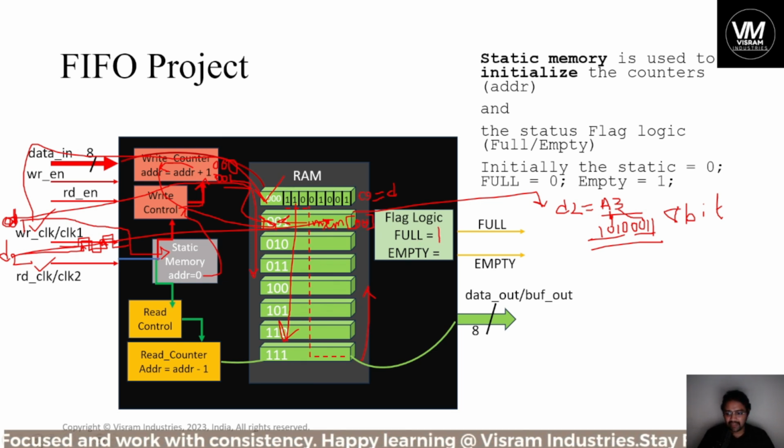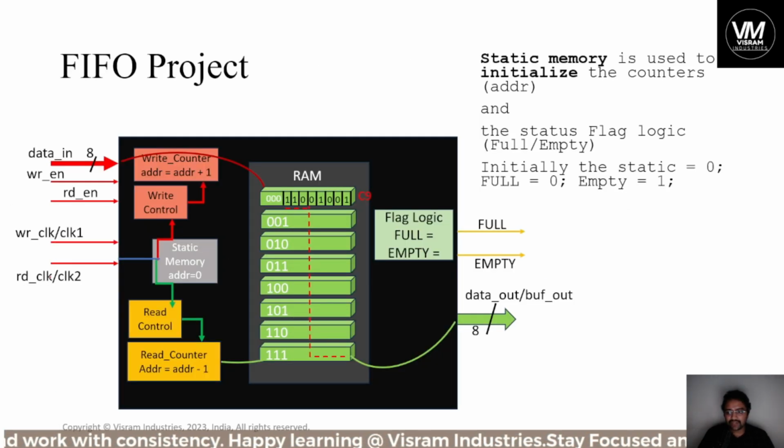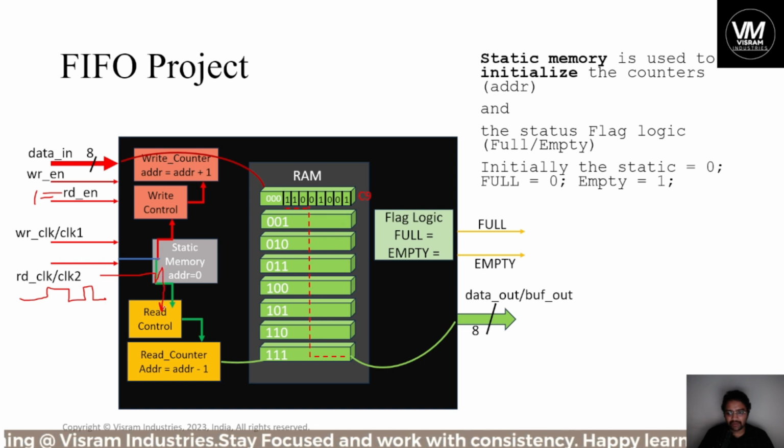In the same way, let us understand how it happens for the read process. Now read enable is equal to 1, and at the read clock, the data from the static memory goes to the read control.